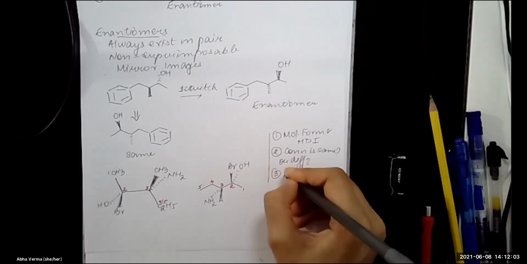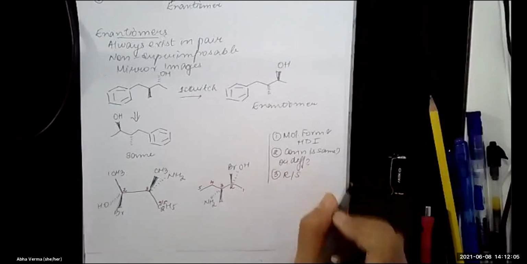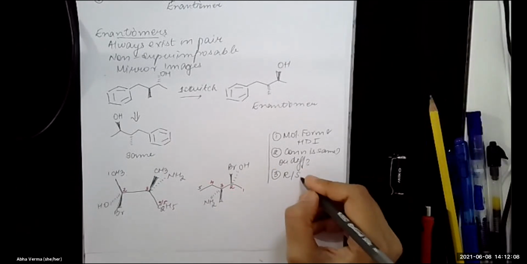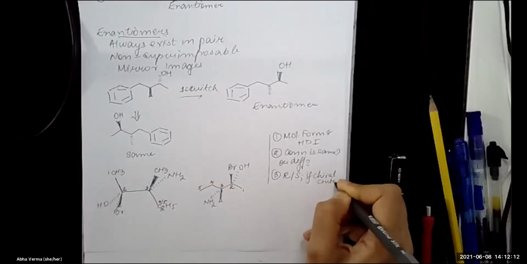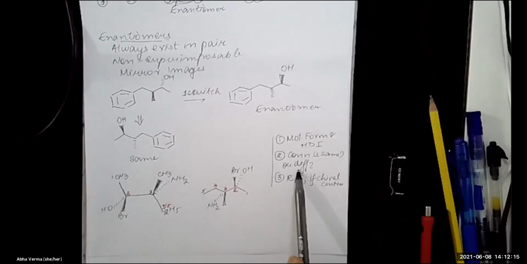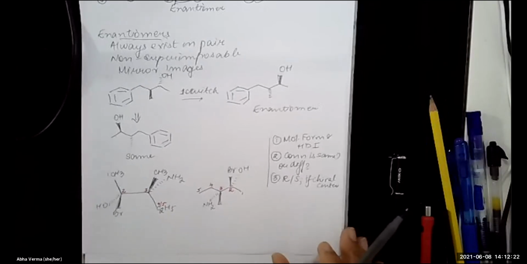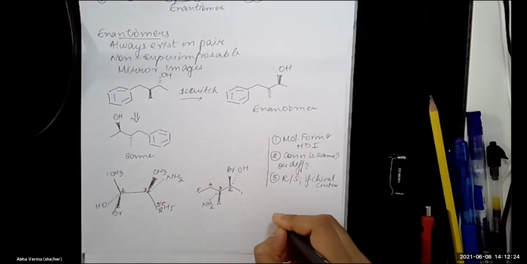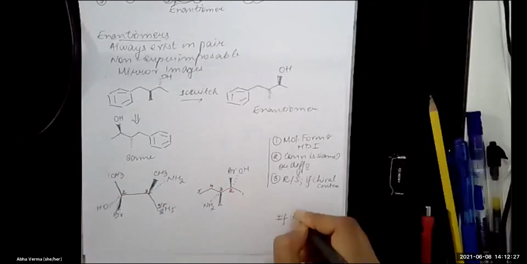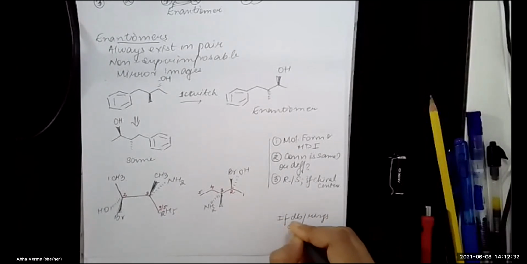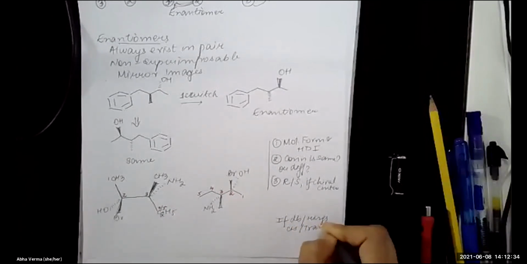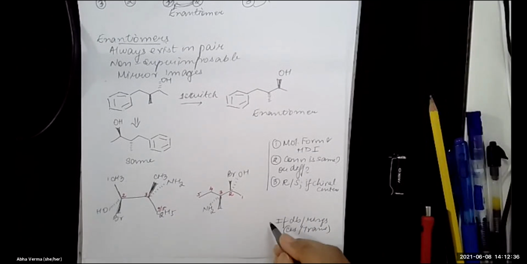The next thing that you must do is assign R and S if chiral centers are there. If the connectivity is the same and you have chiral centers, then you assign R and S. If you have double bonds and or rings, then you look out for geometrical isomers or cis-trans isomers.